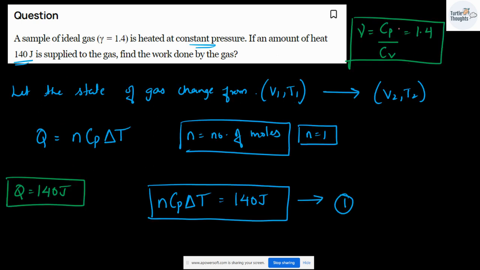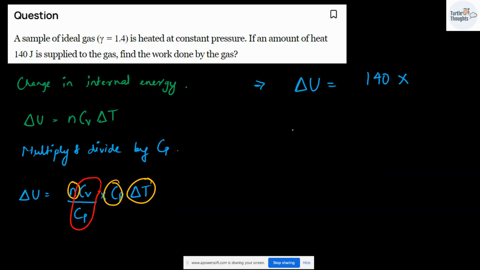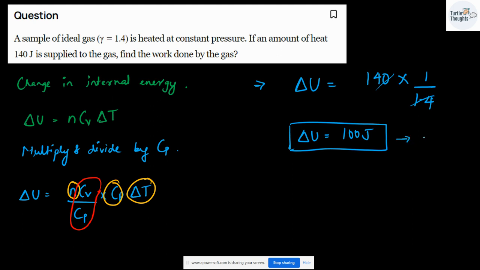I know what is Cp divided by Cv. So Cv divided by Cp can be written as 1 divided by 1.4, it is just the reciprocal. I will be multiplying with 1 divided by 1.4. When I divide, I will be getting the value of delta U as 100 joules. You can take this as equation number 2.